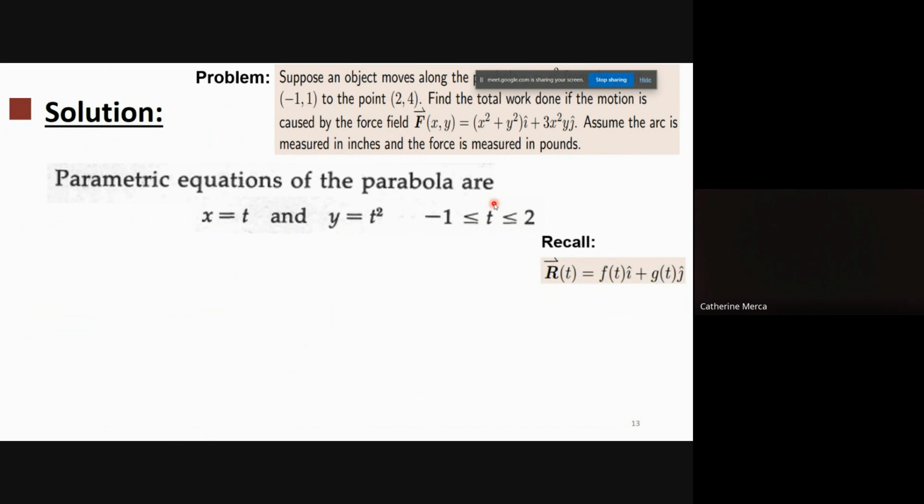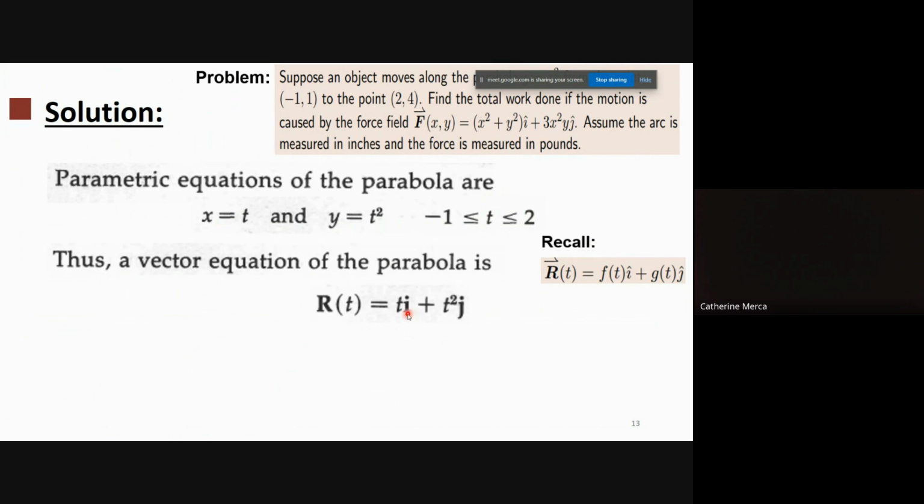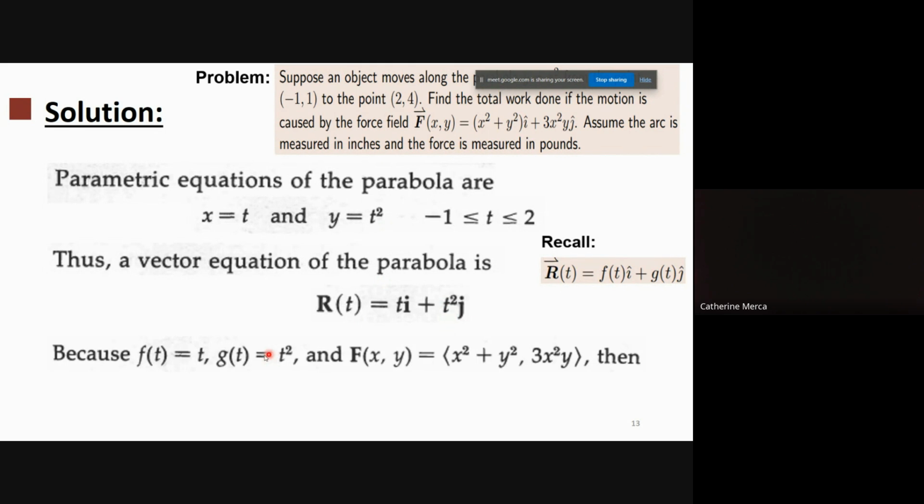And here, because f of t i plus g of t j is your r of t, where f of t is t and g of t is t squared, we have r of t therefore is t i plus t squared j. And f of t is t, g of t is t squared, and your F of x,y has components x squared plus y squared and 3x squared y.